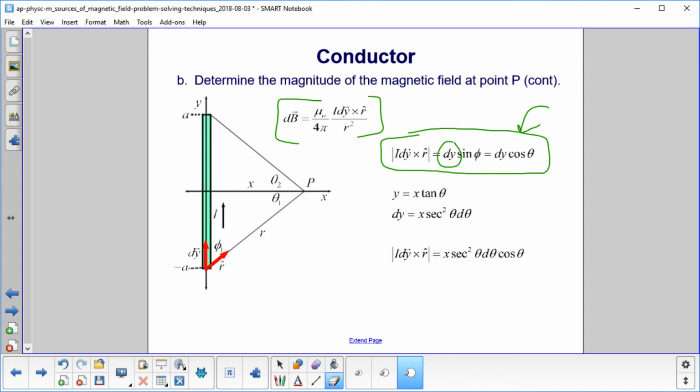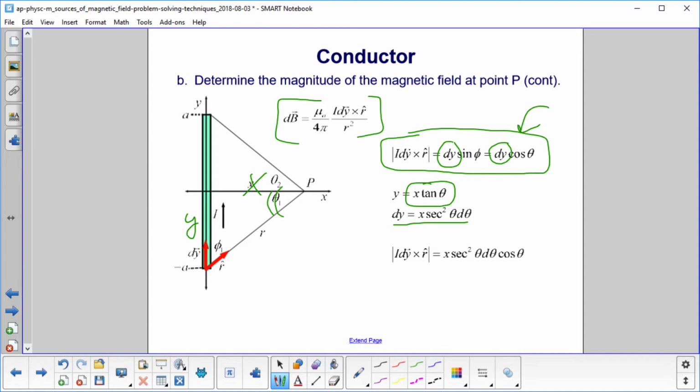Okay, now let's keep going. Let's call this piece y, and this is x. What is y equal to in terms of x? Well, tan theta, and again, here's the angle we're working with, is y over x, so y is equal to x tan theta. You now take the differential of y, because we need it up here. x is a constant now.